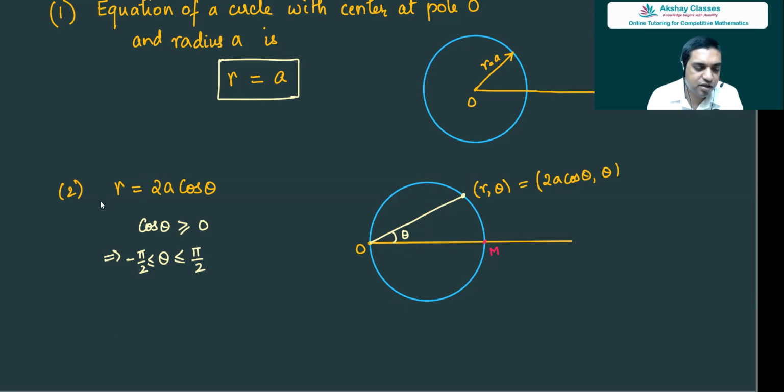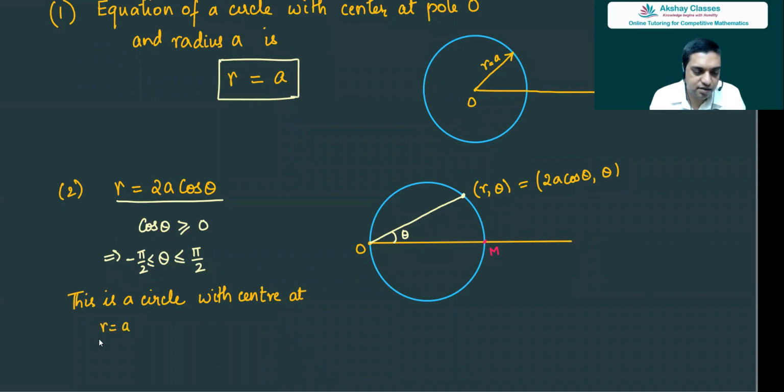So this curve is an important curve. R is equal to 2a cos theta. R equal to 2a cos theta is a circle with center at a distance R equal to a and theta equal to 0, and radius is equal to a.